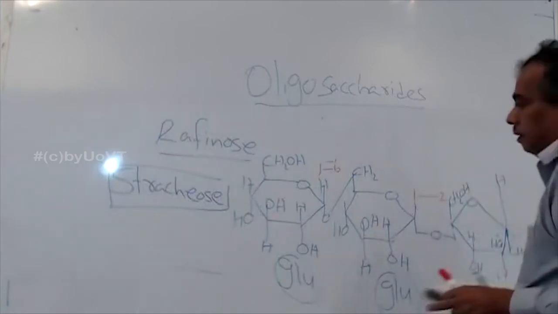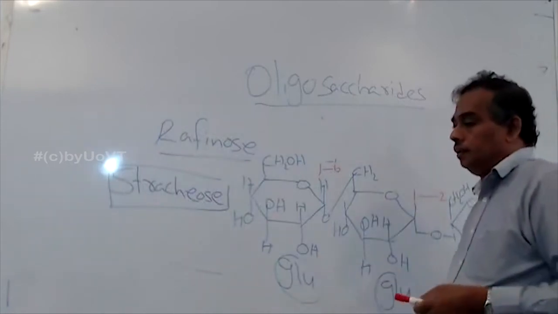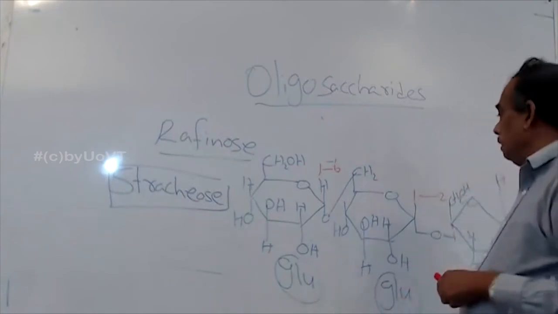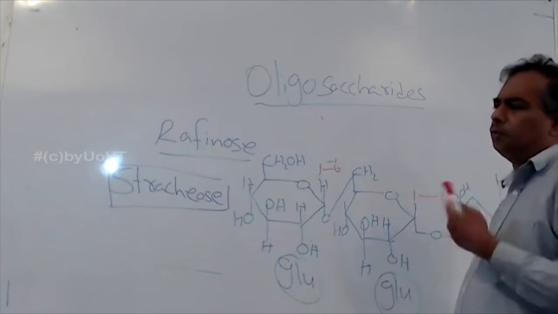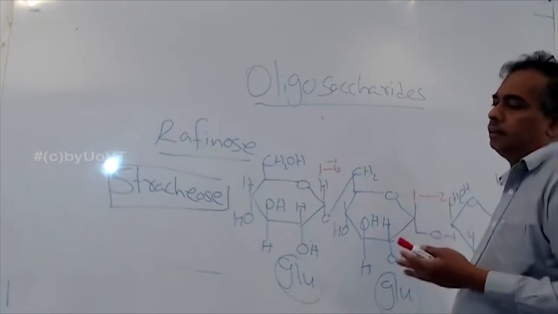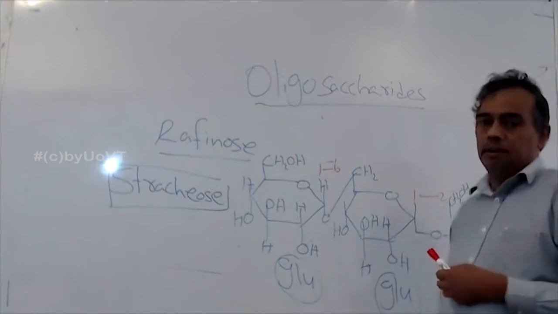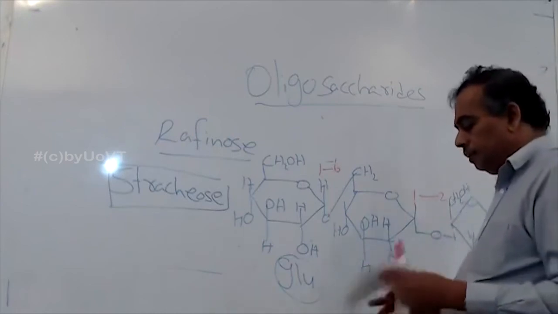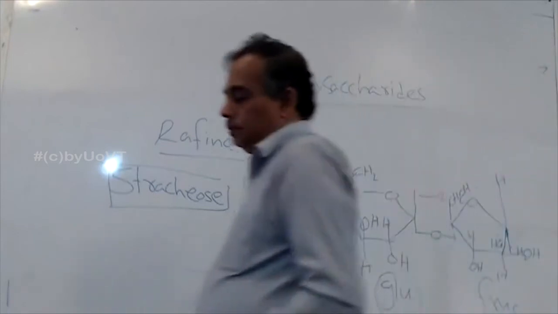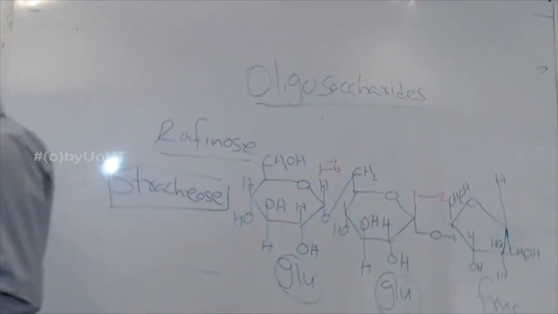Likewise, there are certain trisaccharides containing 3 anomeric carbons, but most of the trisaccharides cannot be digested within our system. We don't worry about that. So this is the story behind disaccharides.